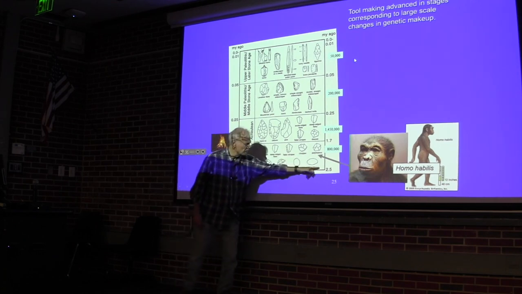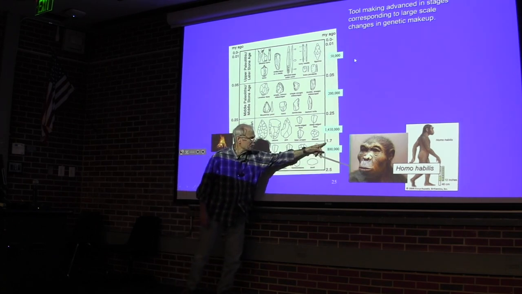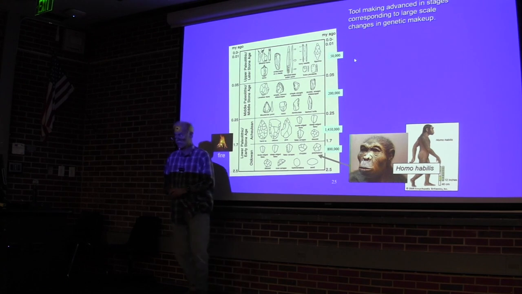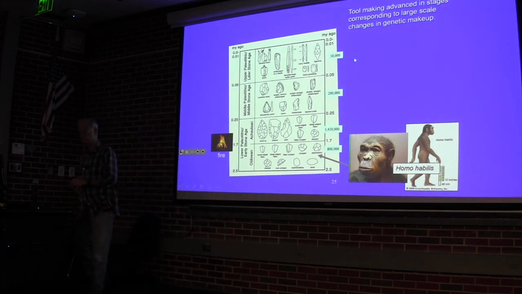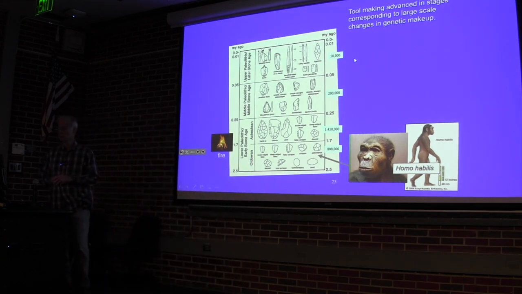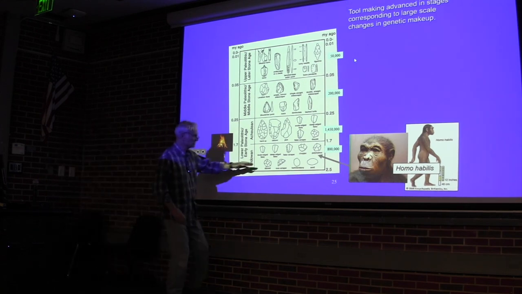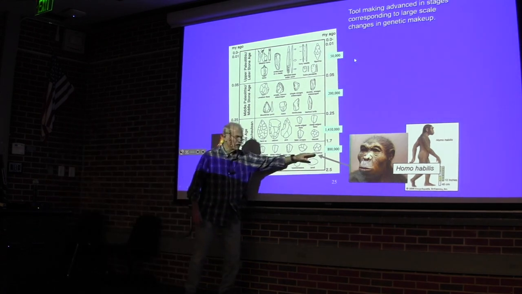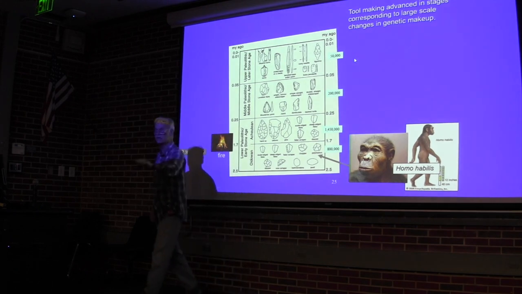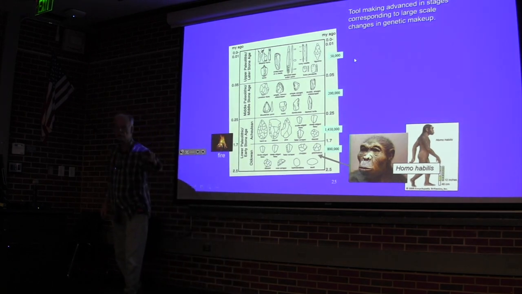And you see from 2.5 to 1.7 million years ago, this is Homo ergaster. He was beginning to play with rocks. But look, for 800,000 years, there was no breakthrough. It seemed like there was a constraint.